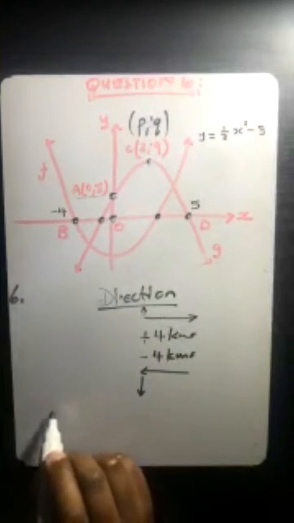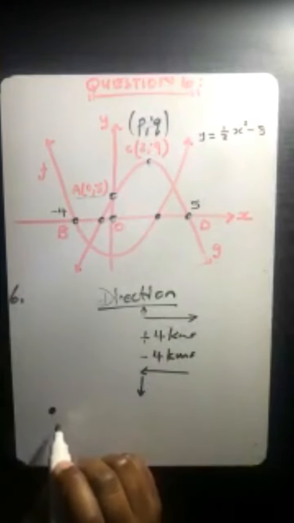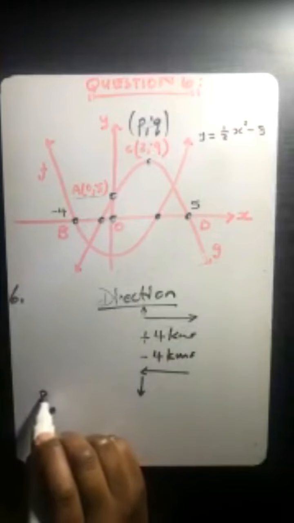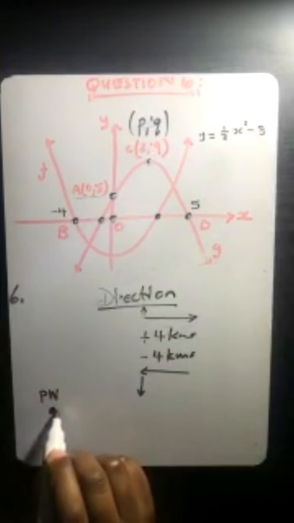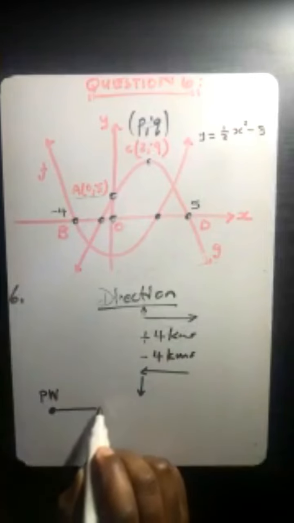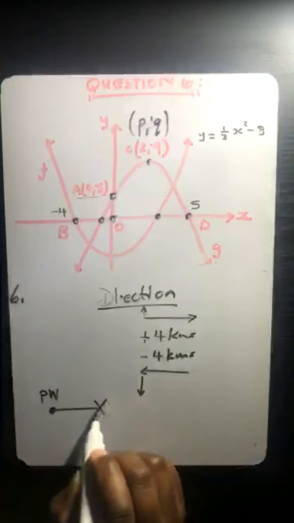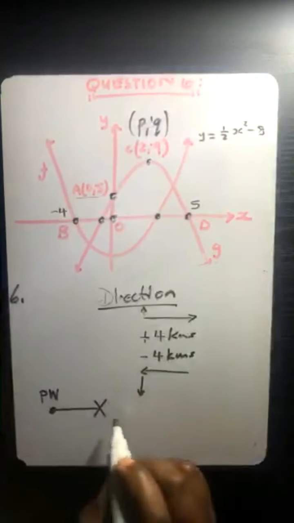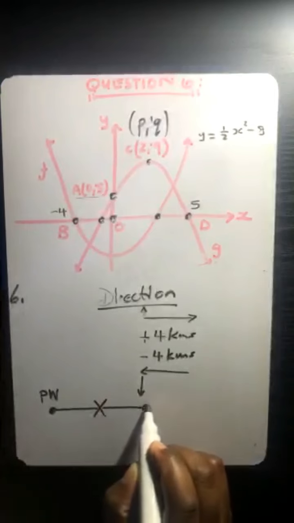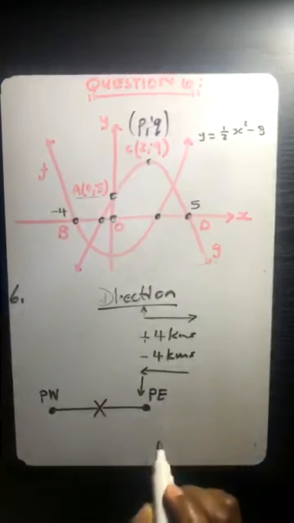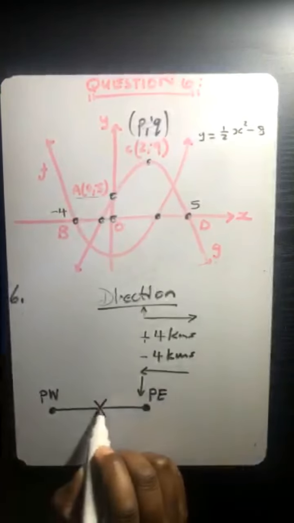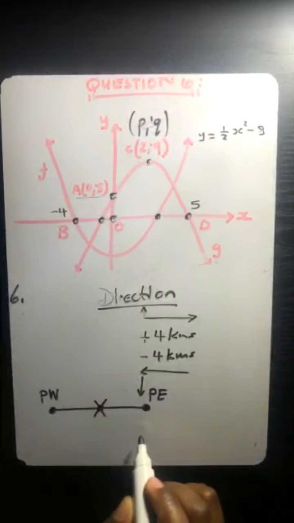So for someone who comes from the west, let's say Pretoria West, and then they drive towards Pretoria East, they are going to pass the CBD and then travel another distance to get to Pretoria East. So the central is actually the center of the city.